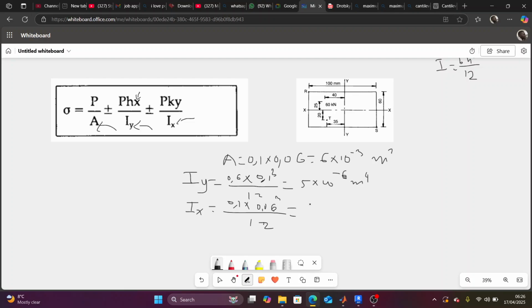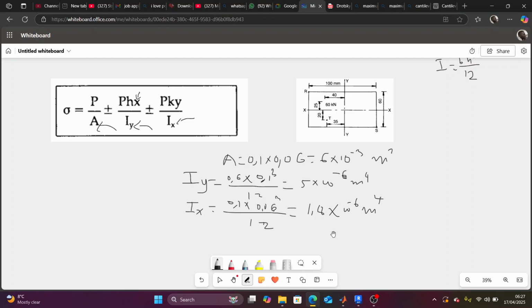We get 1.8 times 10 to the minus 6 m⁴. So I believe this is clear. The first step is to get the area, then I_y. If you're looking at I_y, your base becomes 60 and your height becomes 100. If you're looking at I_x, your base becomes 100 and your height becomes 60. That's why we have a difference in I_y and I_x.